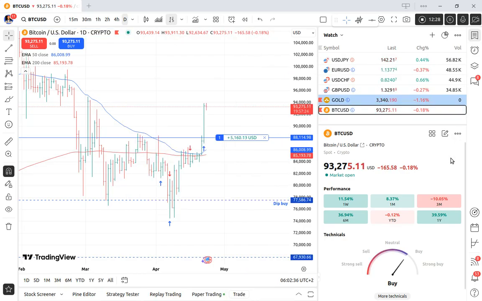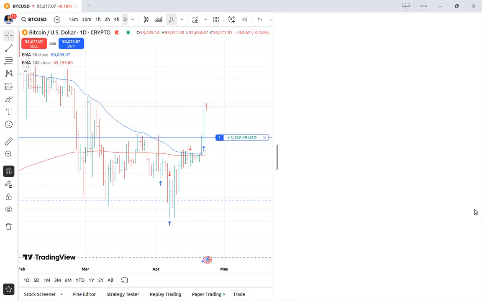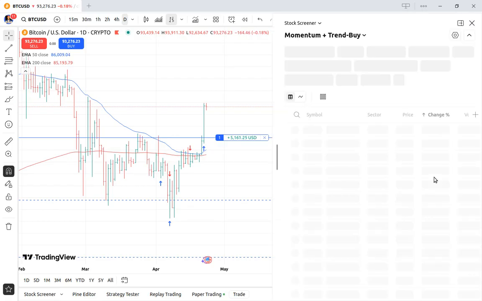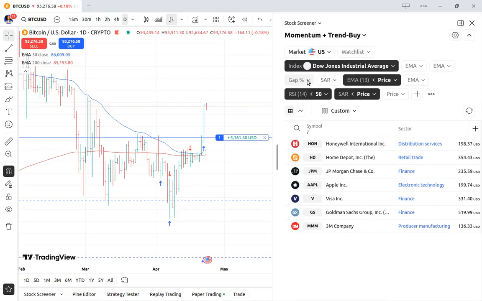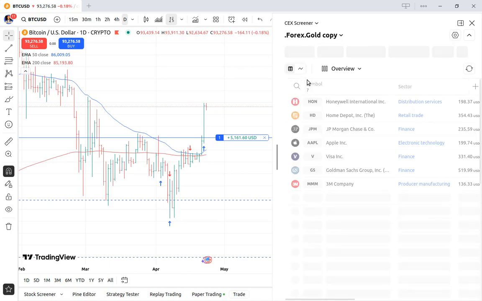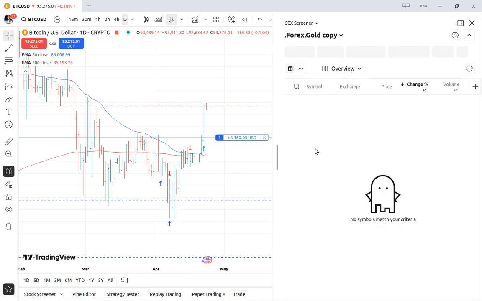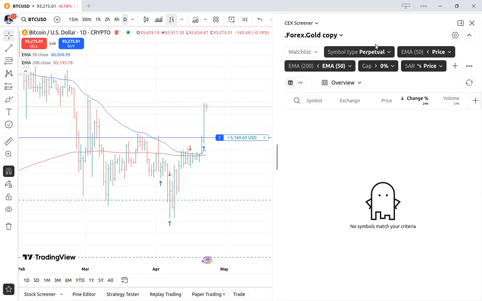Now obviously, how to find these, we use the screener on TradingView. Basically, I use this screener here.